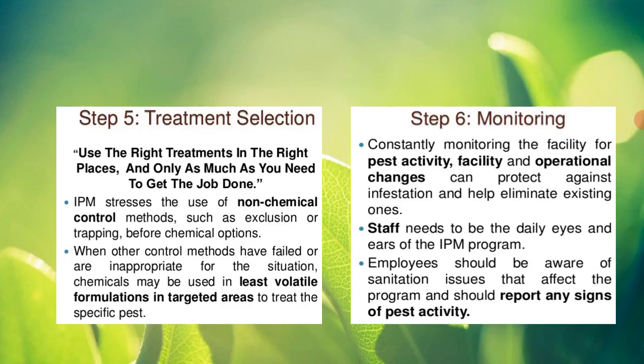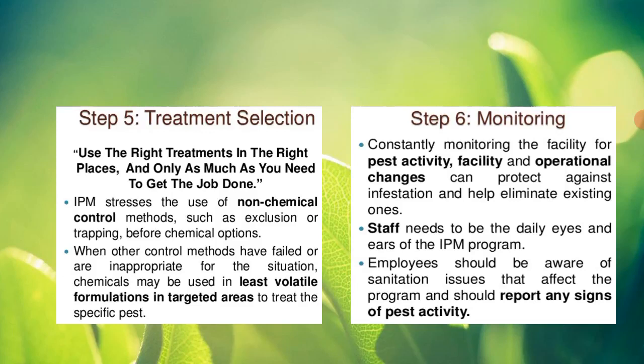Then step 6 will be the monitoring. Now we are done with every step, right? We have inspected the portion where we want to control the pest. Then after inspection we have taken the preventive action.